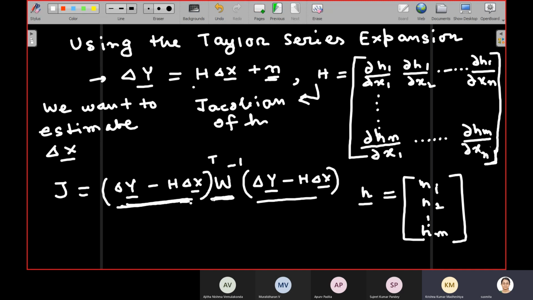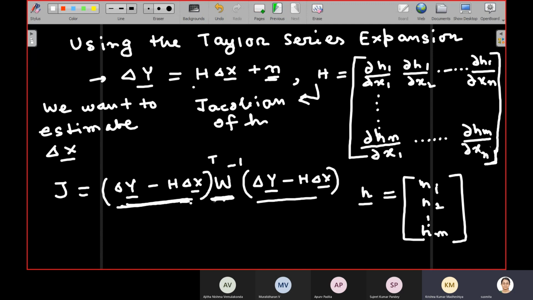Now, since we are multiplying W inverse in between, it is called weighted least squares. If we had not multiplied W inverse, then it would have been simple least squares. Now, when we deal with scalar quantities, we just square. Since here we have vector quantities, we need to take the transpose and multiply with the difference. But it's nothing but least squares without W inverse in between. The moment we multiply W inverse in between, we are actually weighting the difference.